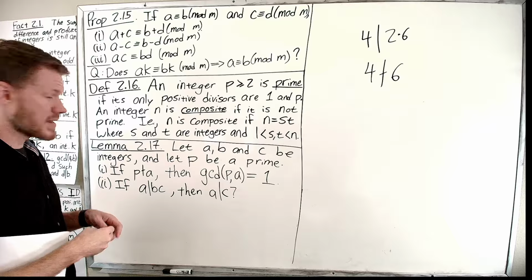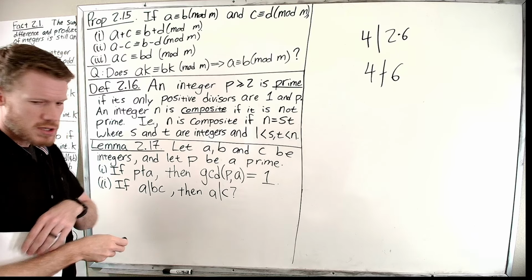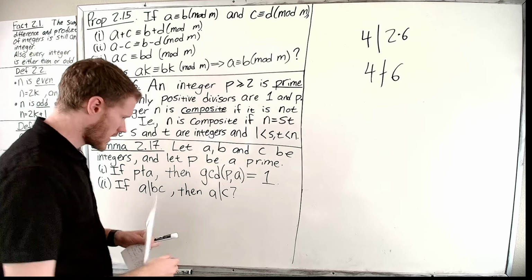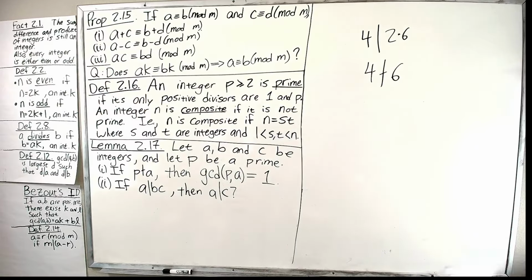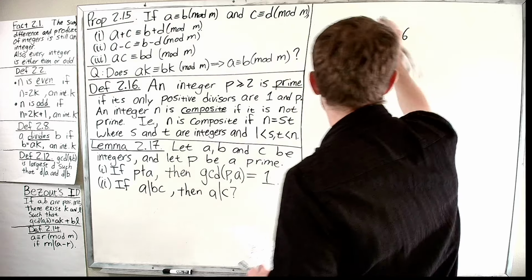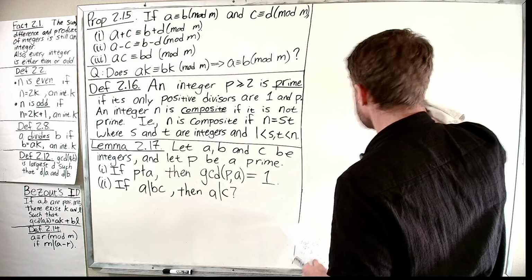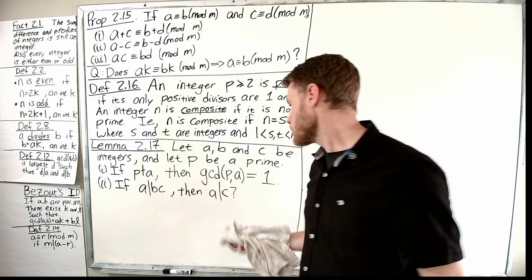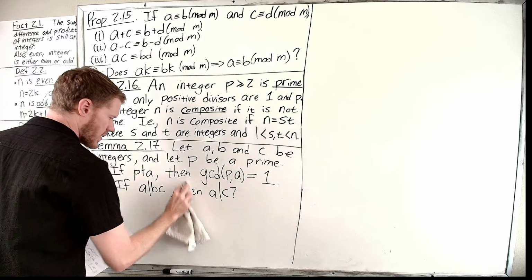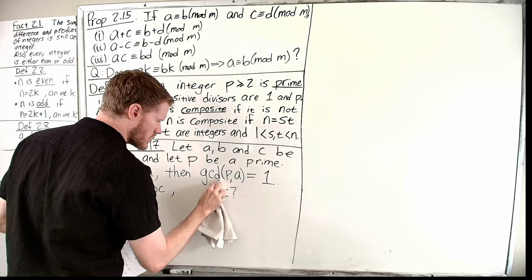So, yeah, not true. Can you think of a condition that we could add to this statement? So we assume a divides bc, and we assume one more thing, and then we can conclude that a divides c. Can you think of something that would do that?